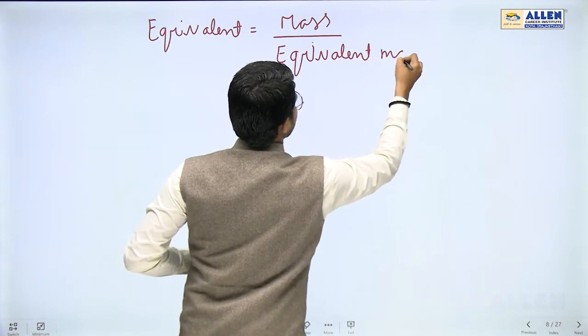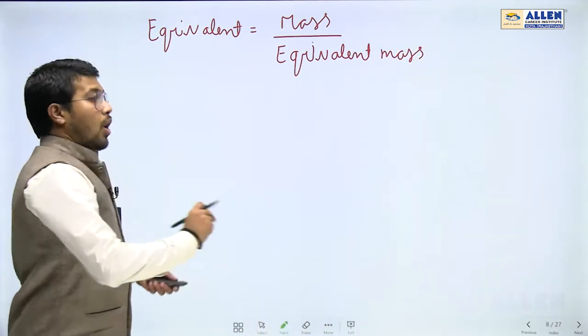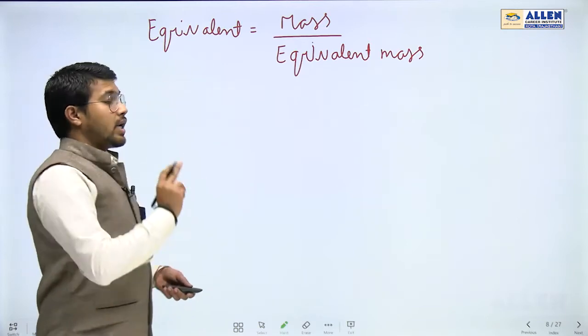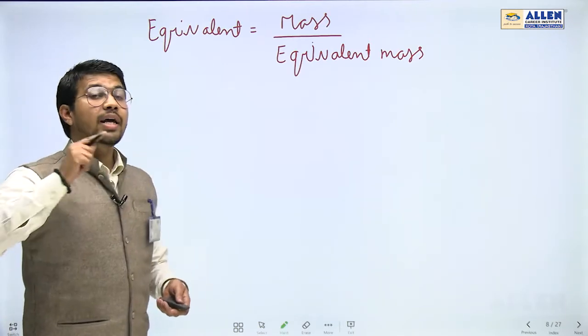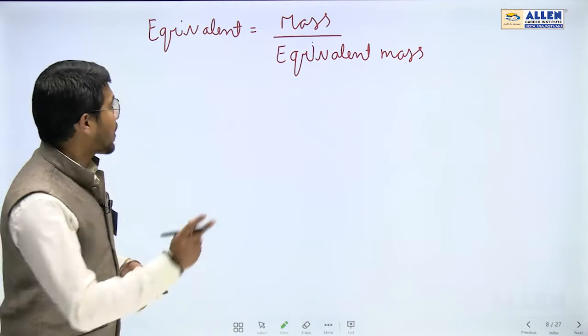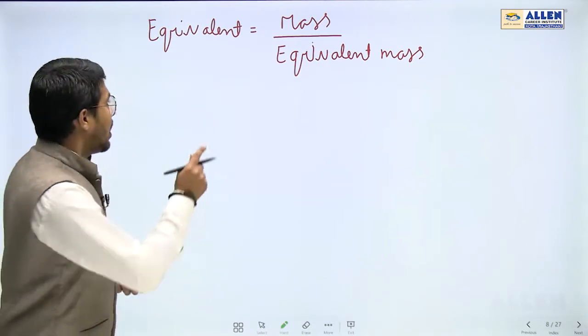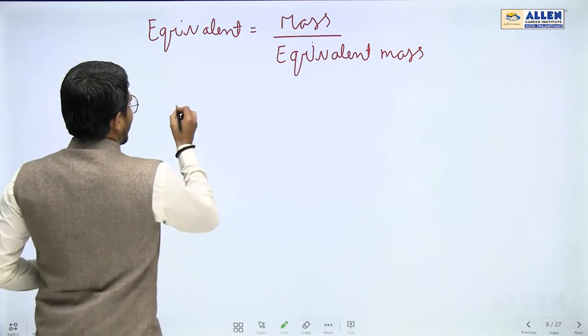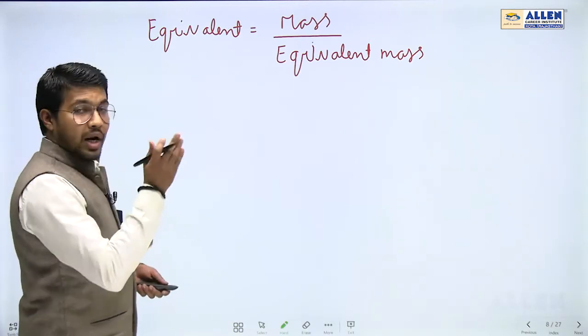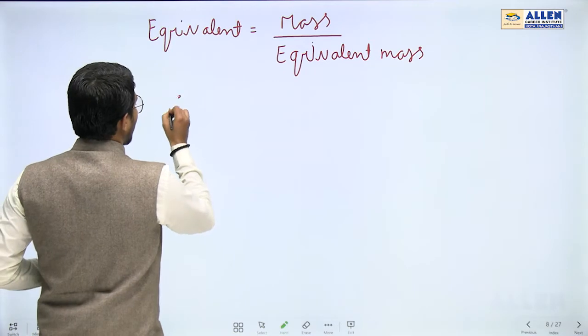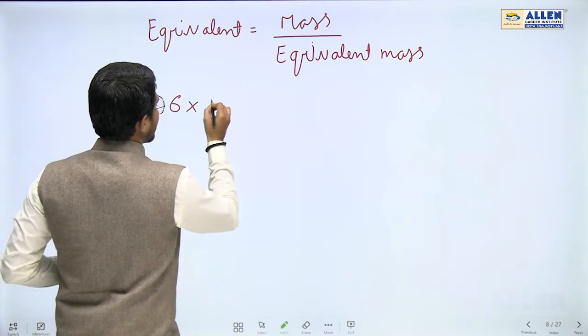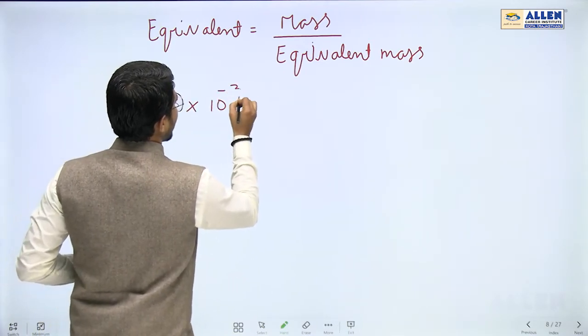We are using this formula for the left equivalents of NaOH. We know how many equivalents of NaOH have been left, which were 6 into 10 to the power minus 3.